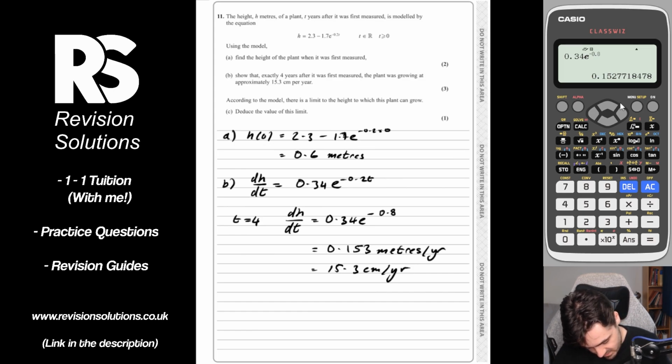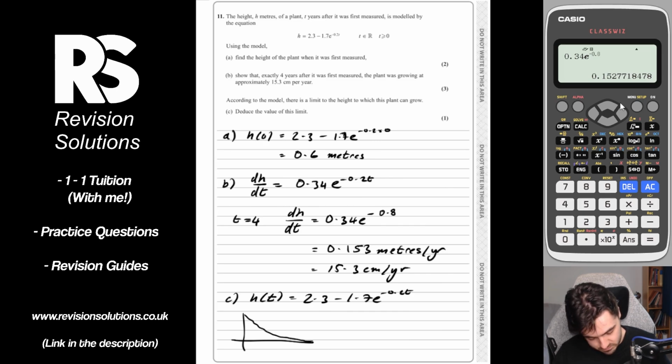Well, if we look at our function for the model, h of t is 2.3 minus 1.7 e to the minus 0.2t. The only thing that depends on t is this part here. And we should know what a decaying exponential graph looks like. So e to the minus kx looks something like this.